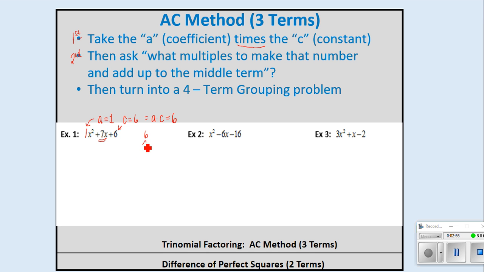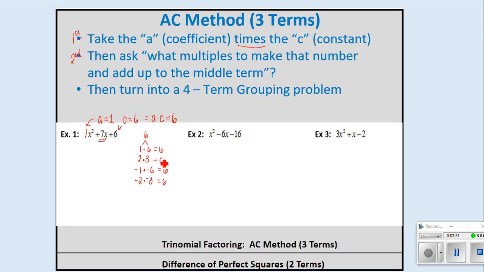I would just write down all the factors of 6. 1 and 6, 2 and 3, and that would be a positive 1 times a positive 6 would give me a positive 6 if multiplying, and 2 times 3 would be a positive 6 if multiplying, but a negative 1 times a negative 6 would also be a positive 6 when multiplying, and a negative 2 times a negative 3 would also be a positive 6 when multiplying. So these are the 4 options for all multiplying to make 6.